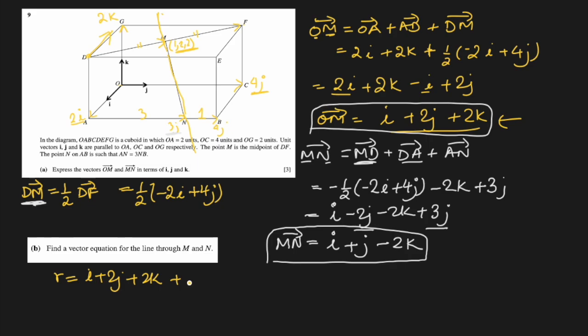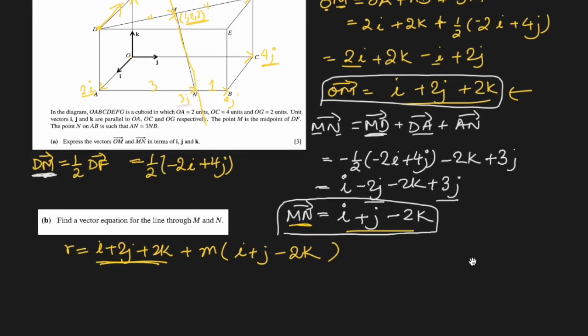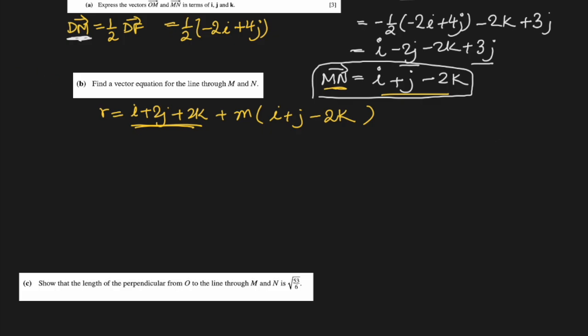Then we take a parameter, I'm taking m, and then we write the direction of the vector MN, and MN is known to us: i plus j minus 2k. This is the vector equation of this line: a point on the line in terms of vectors, then a parameter, and the actual vector of that line, which is MN. We got this. This is the equation of this particular line.